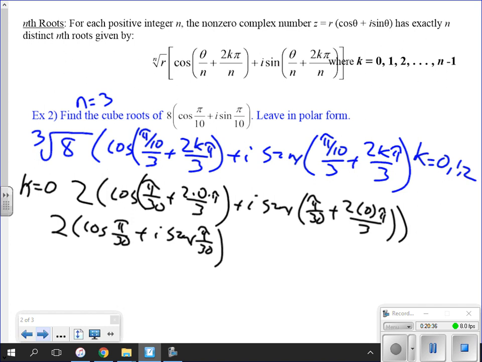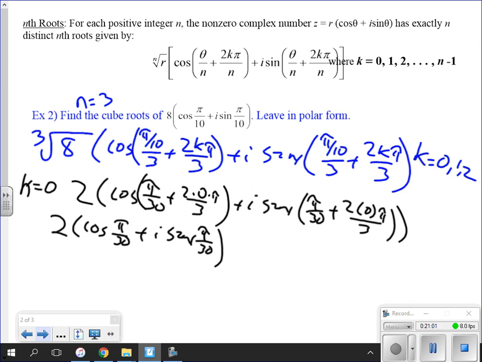Because if I put 0 in the other one, I get 0 in my numerator, it doesn't matter. So the first one is nice, because with 0 for k, the second part disappears. Sweet. Does that make sense? That's my first answer.